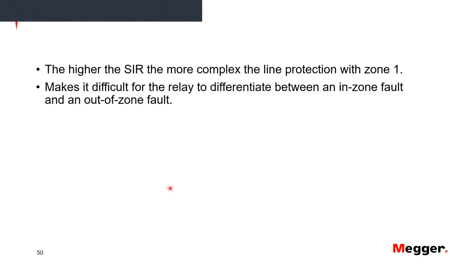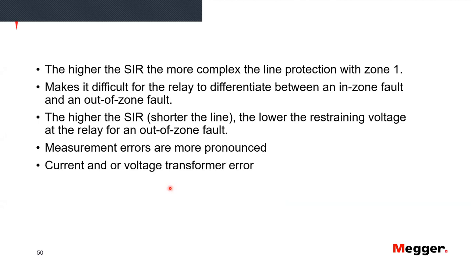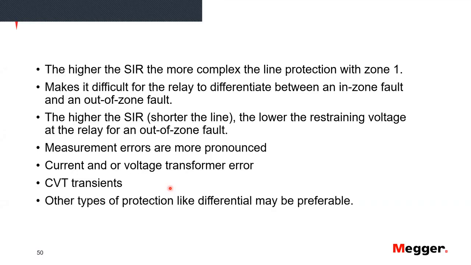It makes it more difficult for the relay to differentiate between an in-zone fault and an out-of-zone fault. The higher the SIR, remember, shorter line, the lower the restraining voltage. Remember, the voltage is going to drop more at the relay for an out-of-zone fault. Measurement errors are more pronounced. You have greater current and voltage transformer errors and CVT transients. We have mentioned those already. And in these cases, other types of protection like differential may be preferable.